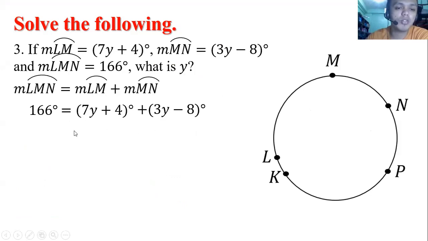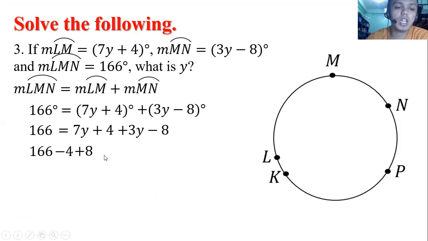Now, first thing to do, let's remove the degree signs. And then, transpose the constants to the left side. So, 166 minus 4 plus 8 equal to 7y plus 3y. 166 minus 4 plus 8 is equal to 170. Then 7y plus 3y is equal to 10y.